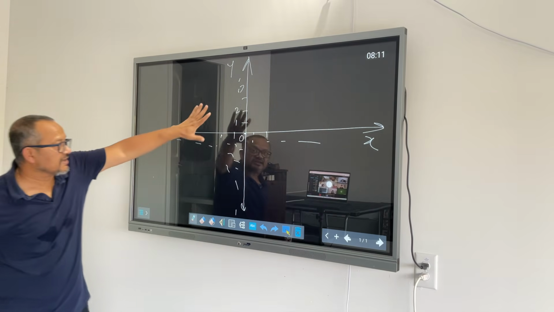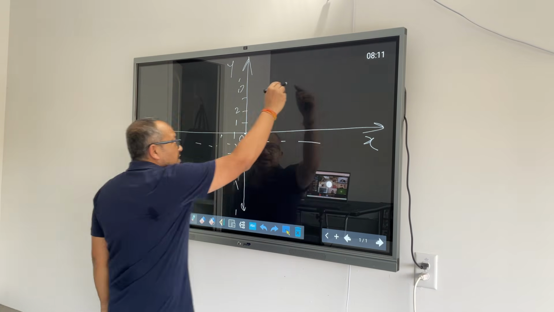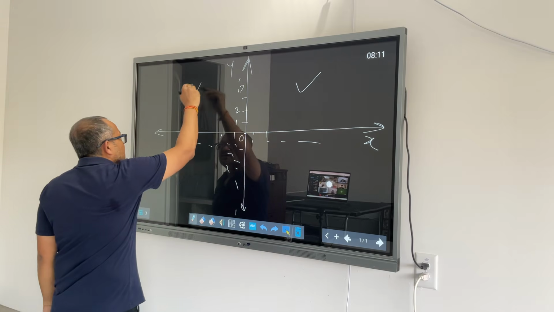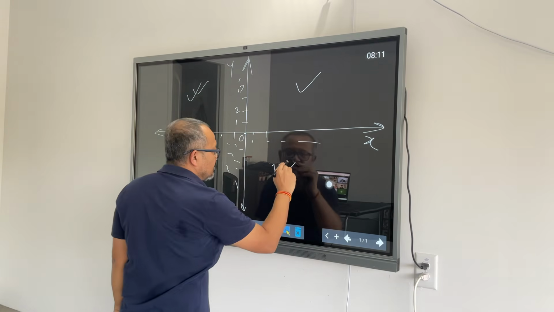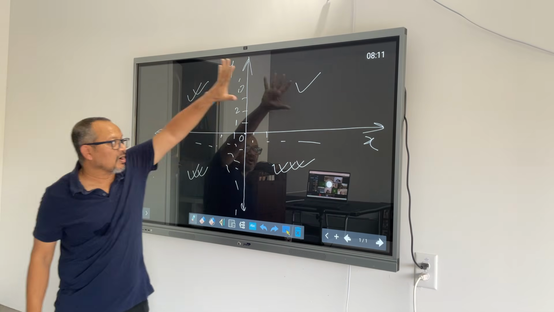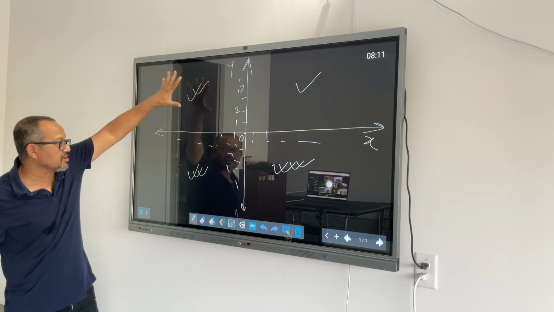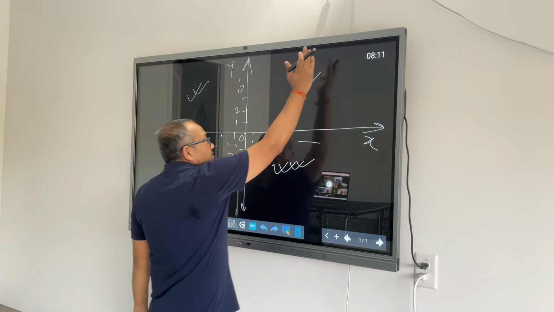We clearly see that this coordinate plane is breaking my screen into 4 pieces. This is one piece, this is the second piece, this is the third piece, and this is the fourth piece. This is one quarter of the screen, this is the second quarter, third quarter, fourth quarter. We don't call it a quarter, we call it a quadrant.